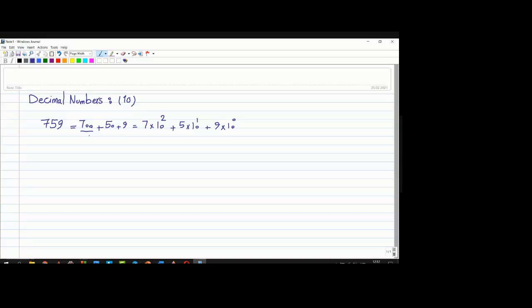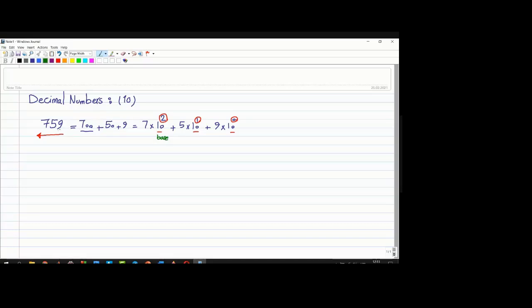As you see, from the right up to the left of the number, we increase the value of the power of the base of the number. It means that this digit is our base.